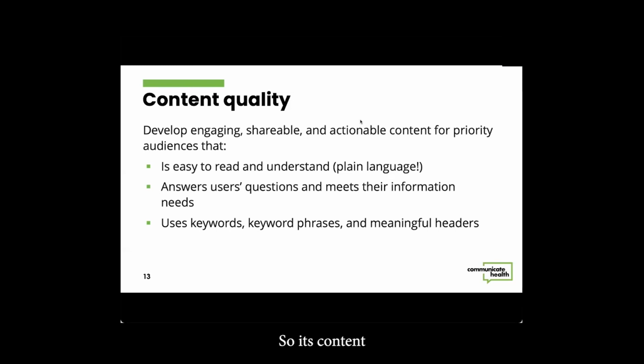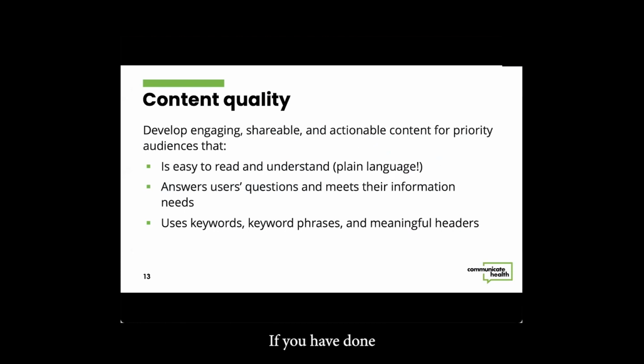So it's content quality. As you can see on here, there's a lot that's wrapped up in content quality. Plain language is a big one. Is your content easy to read and understand? Does your content answer users' questions and meet their information needs?